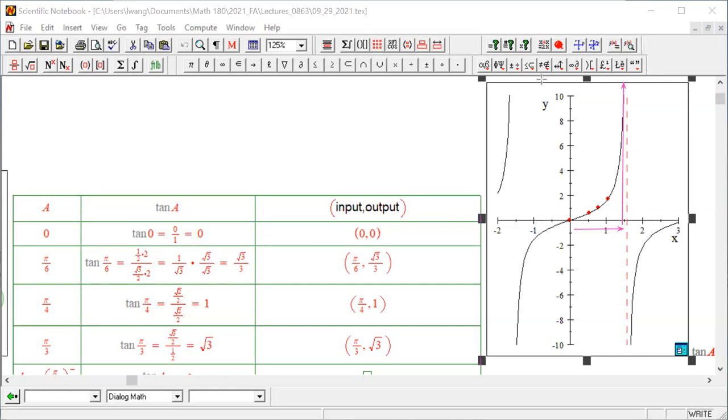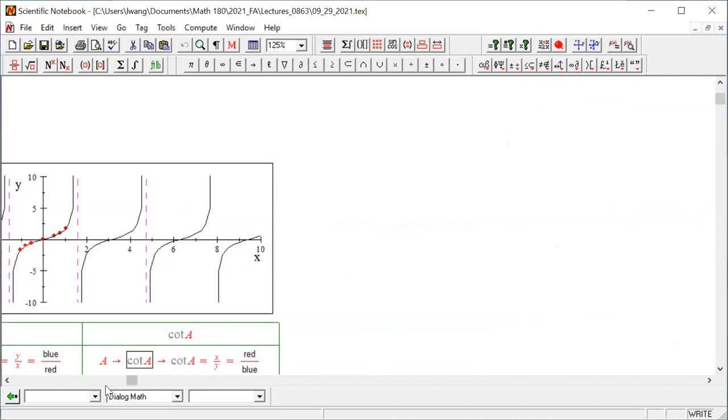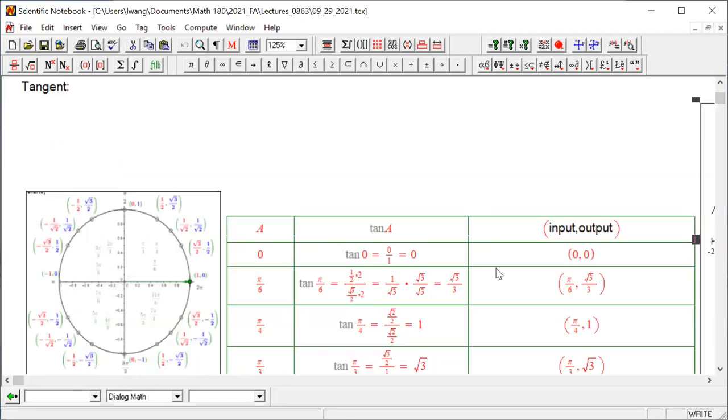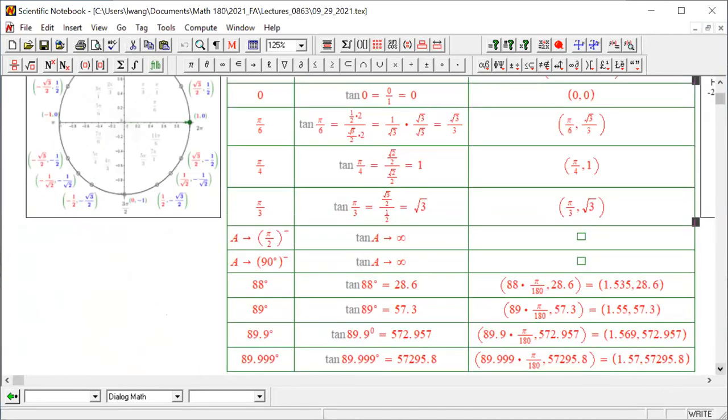To describe this process using calculus notation: when the angle approaches 90 degrees from smaller than 90 degrees, where the angle input approaches pi over 2 from smaller than pi over 2, the output is approaching positive infinity. That's the dynamic process this notation represents.